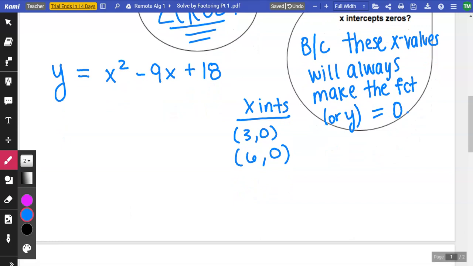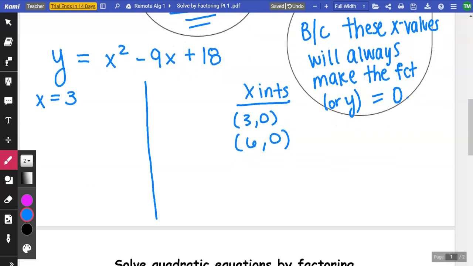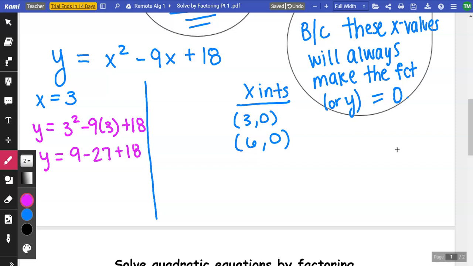If I plug in the x value, x equals 3, into this equation, what do you think it's going to give us for y? Well, let's see if you're correct. So let's do y is equal to 3 squared minus 9 times 3 plus 18. Y is equal to 9 minus 27 plus 18. Let's see, y is equal to 9 plus 18 would be 27, minus 27 is 0.